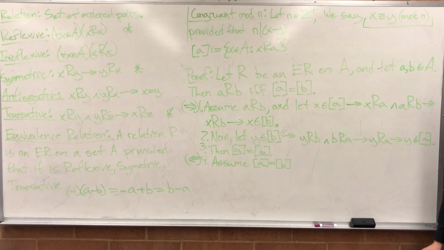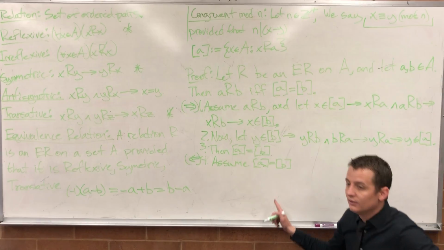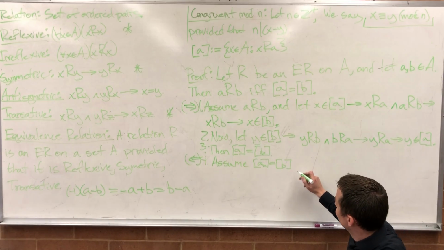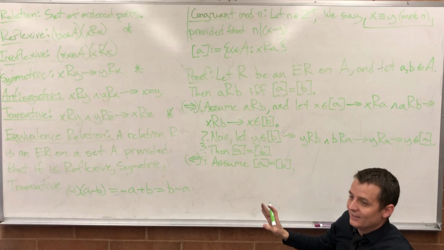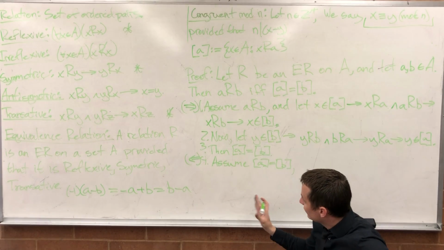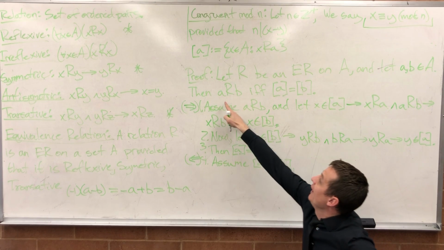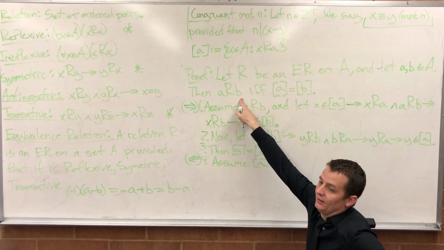This way is really easy. Any element in A is also in B, and any element in B is also in A. We're trying to show that A is related to B. How can we show that?